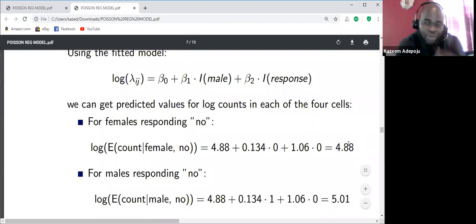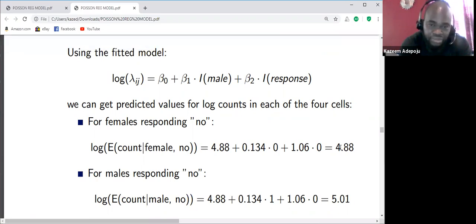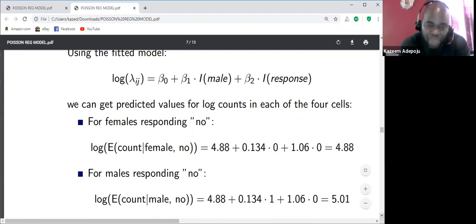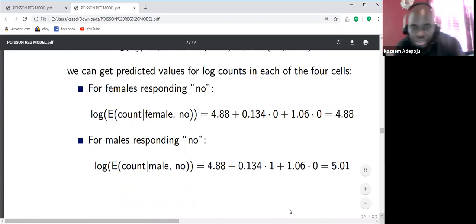That was the reason why we got 4.88, so automatically it gives you the value of the intercept. Now you can also find male responding no. For male responding no, you plug in 1 for male and 0 for the response. You got that, okay?